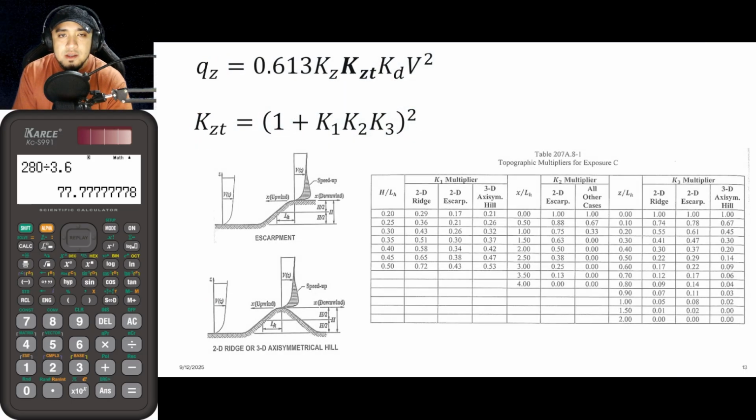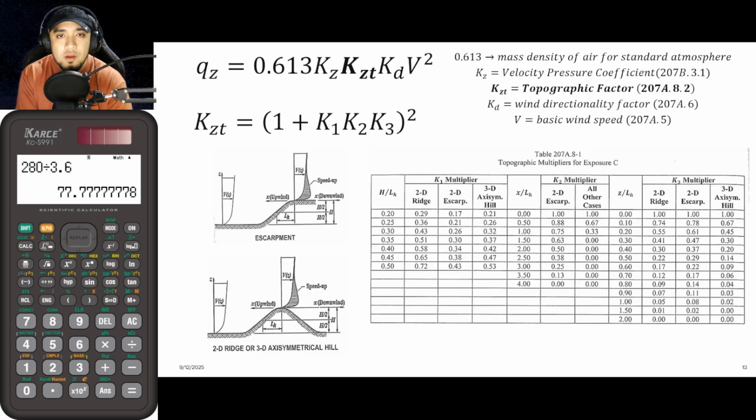So again, guys, this is the formula for kzt, that is equal to 1 plus k1 times k2 times k3 quantity squared. So if this is the hill, and let's say that your building is located here, then you would be making use of this figure.